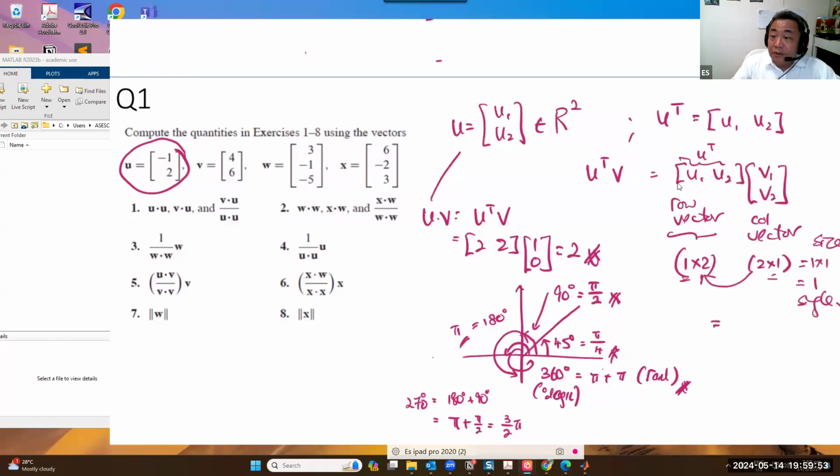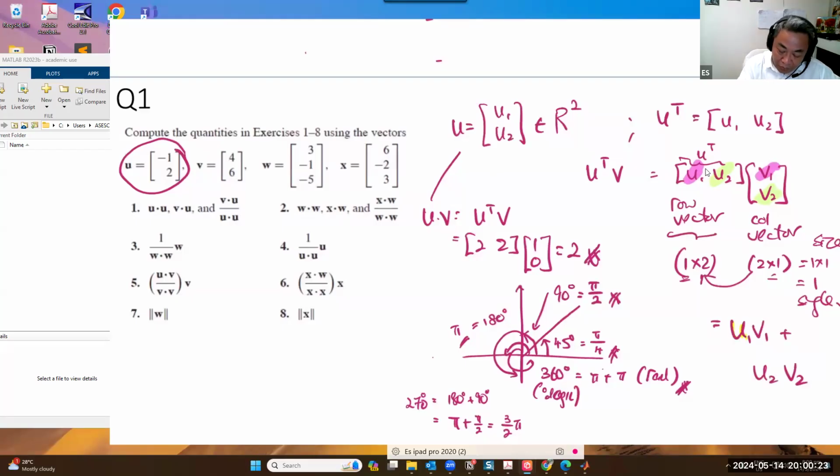And the operations that will be carried out is we'll take this u1 and multiply it by this v1. And then we'll take u2, multiply by v2, and we sum. So the operation is actually u1 v1 plus u2 v2.